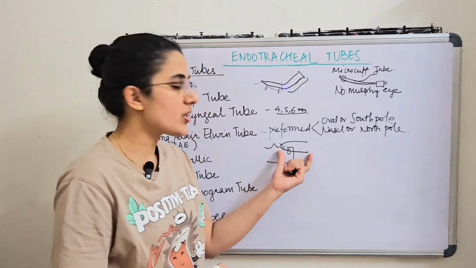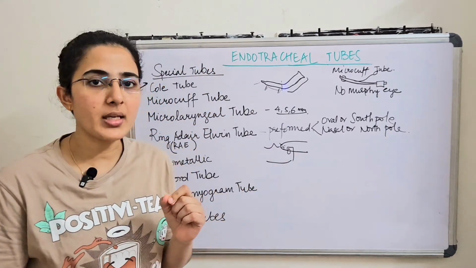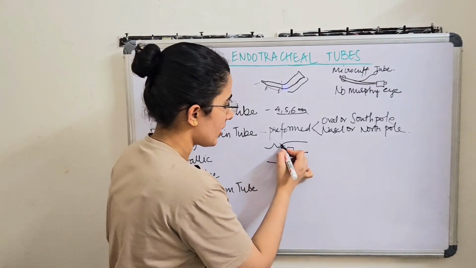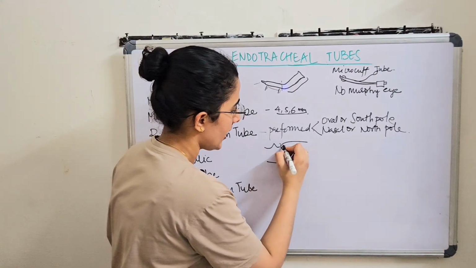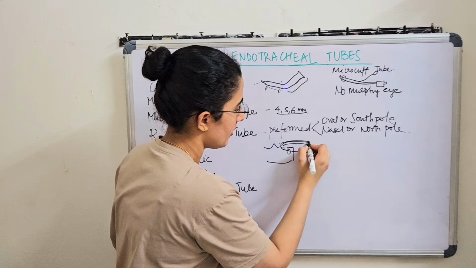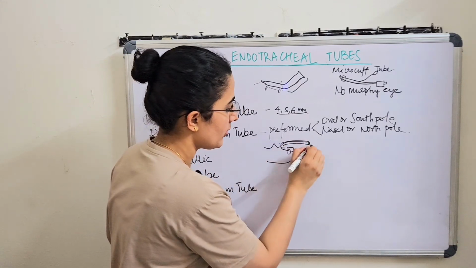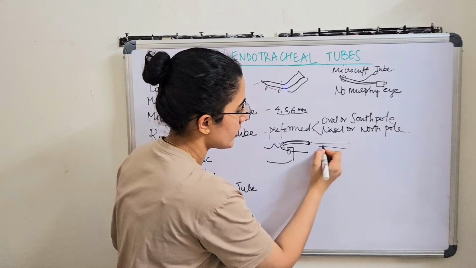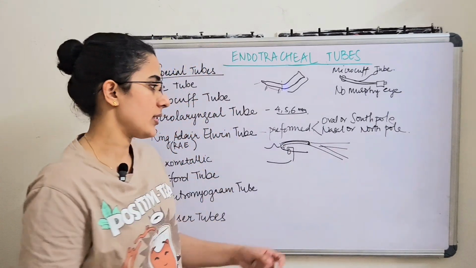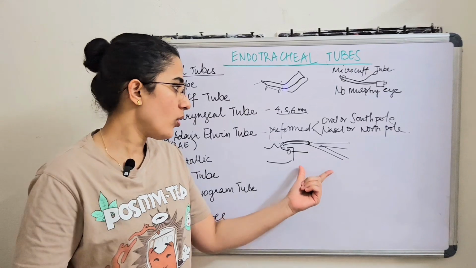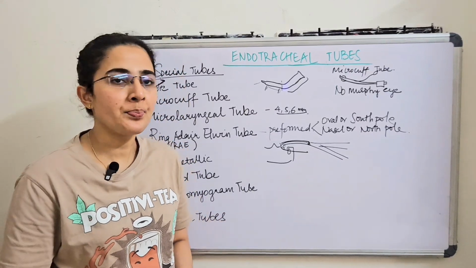So the length which will be inserted into the patient is quite fixed. This junction comes at the point, and the remaining portion of the RAE tube falls over the chin, and the circuit falls over the chest of the patient. So this is the south pole tube or the oral Ring-Adair-Elwyn tube.